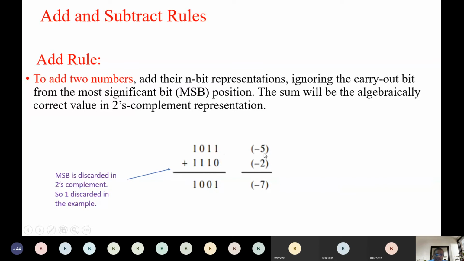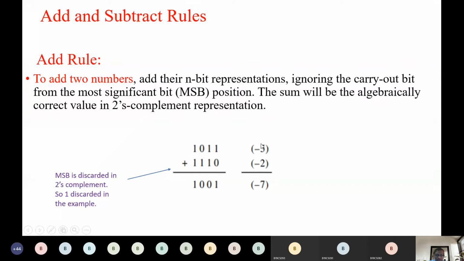So -5 in 2's complement representation, we call as 1011. When you look at the table, you can see 1011. And I had said the technique also. How do we get these binary numbers? The technique I had told you, the 2's complement, for example, -5. Minus means I already said 1.